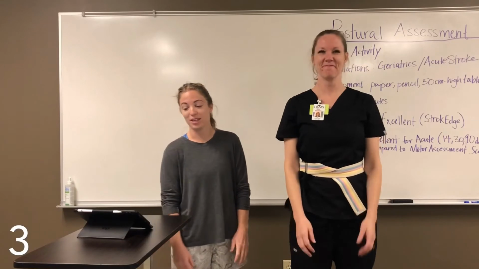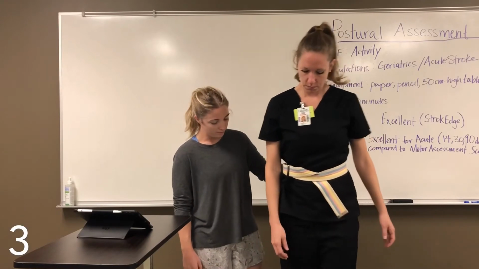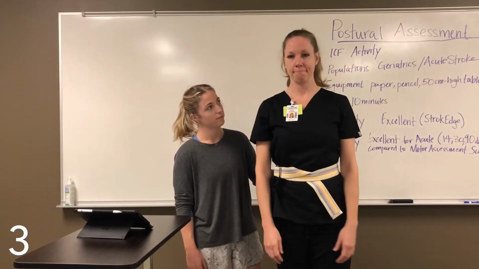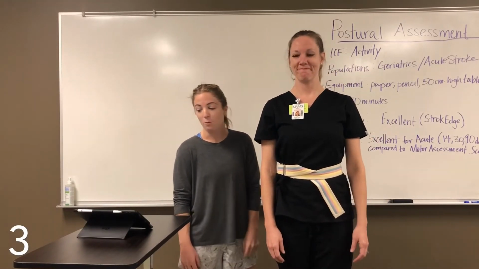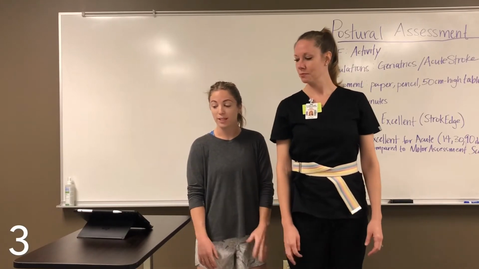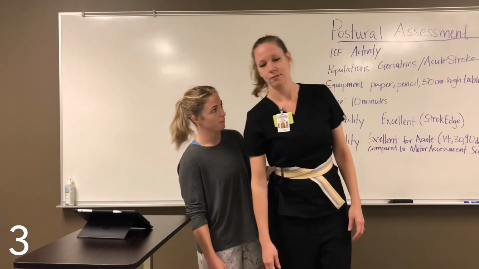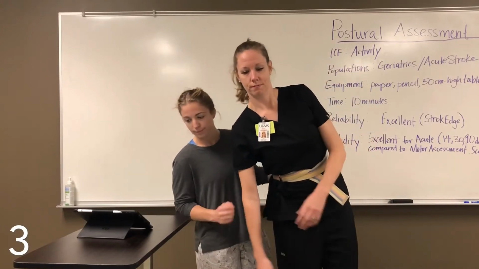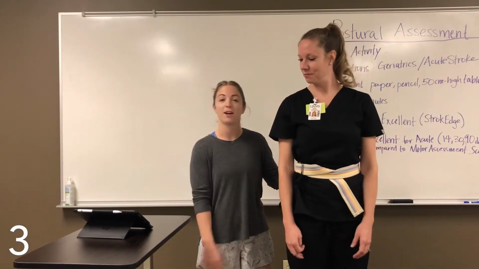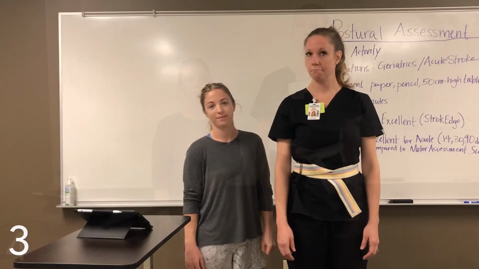A 2, she can stand without support for 1 minute, but has to stand a little bit asymmetrically. Good. A 1 could stand without support for 10 seconds or leans heavily onto one leg. And 0 is cannot stand without support.